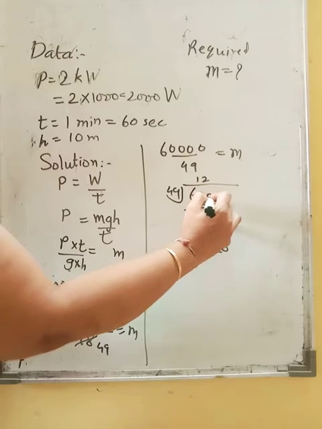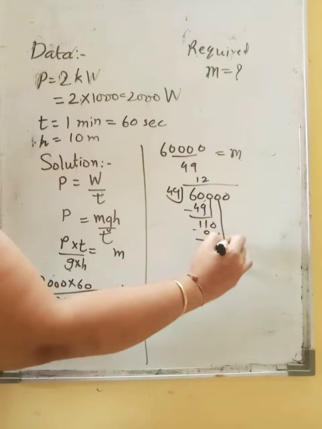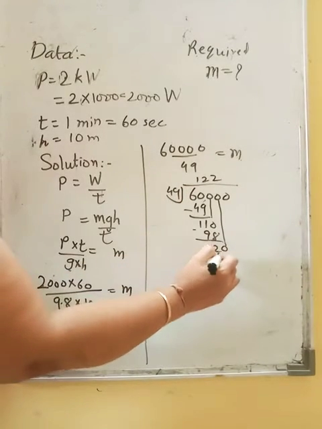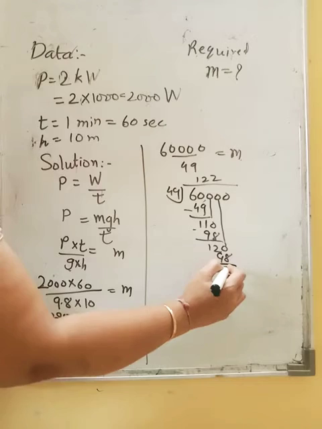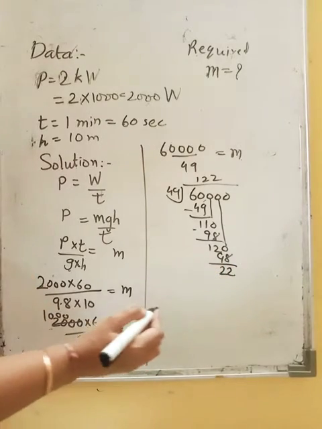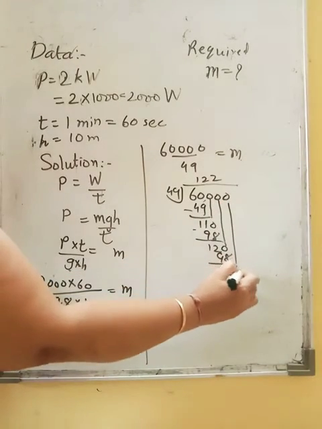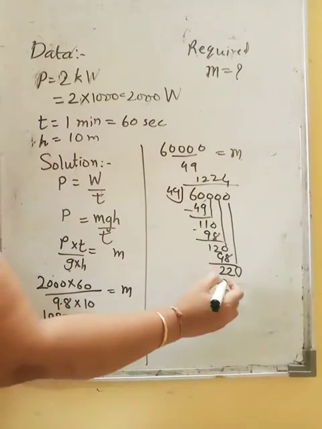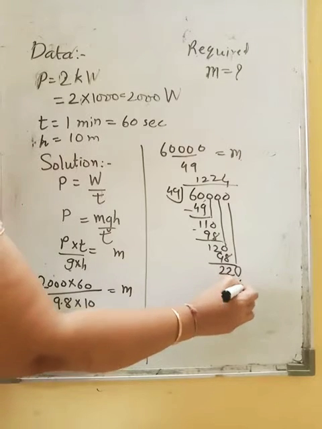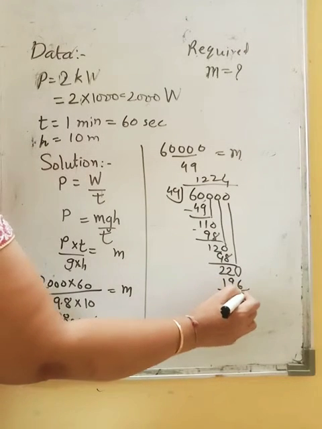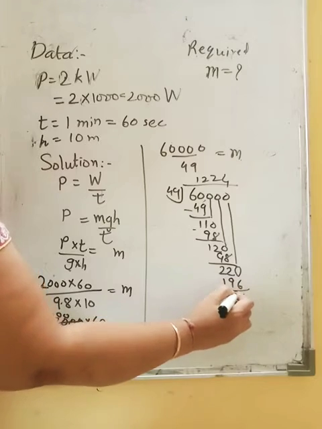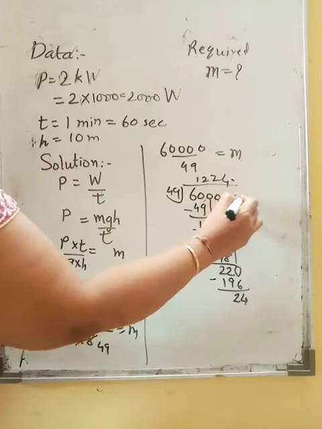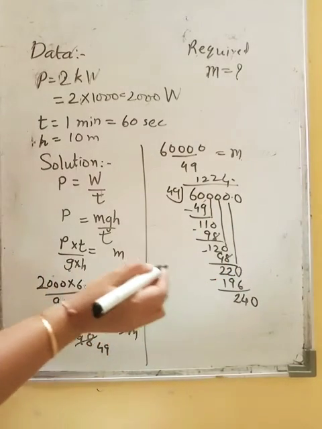Look, this 0 is here, this 0 came here, right? 120. Again I have to divide by 2 only. 98 came. It remains 22. Now the last 0 came. 220. 4s are 196. Remains 24. Now decimal point. Put zeros.